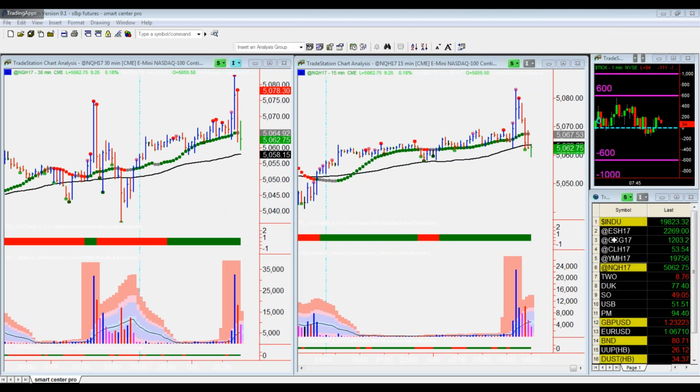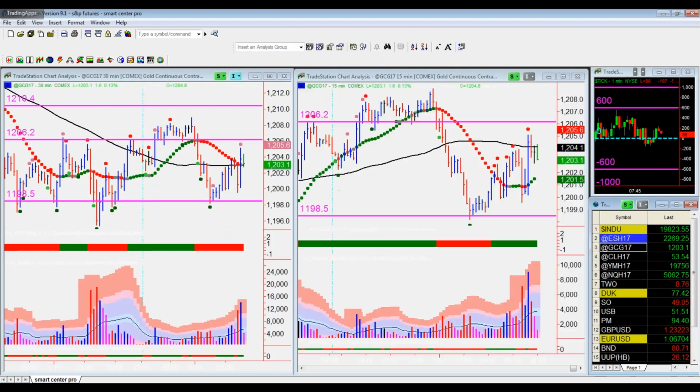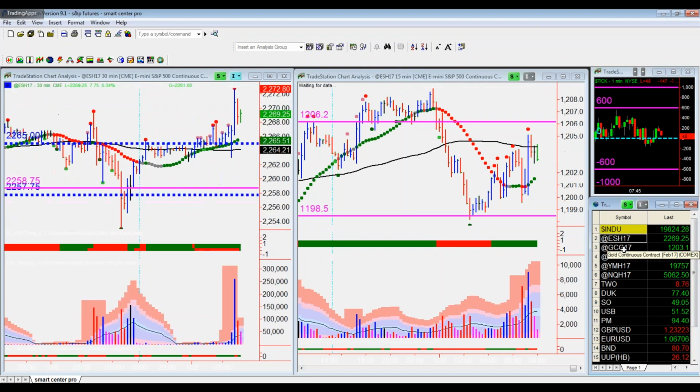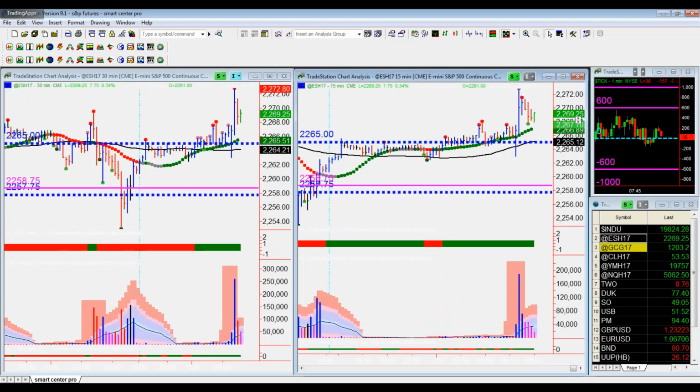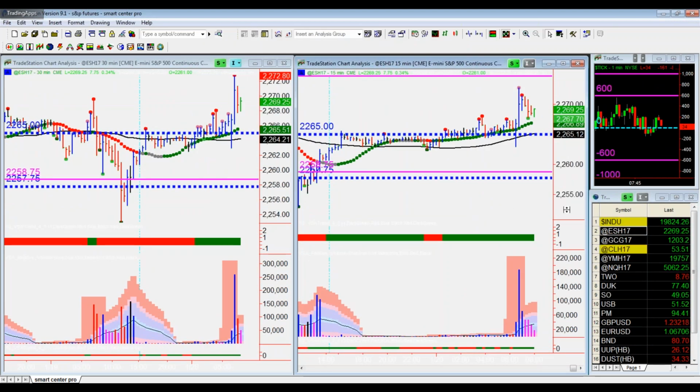Looking at the Smart Center Pro here. $91 on the Dow. Really watching this close here. It's starting to firm up nice.